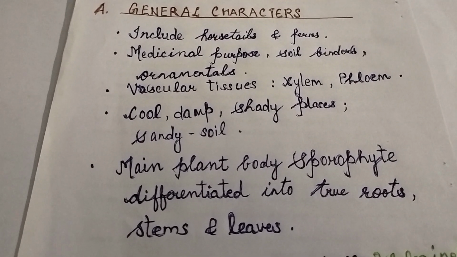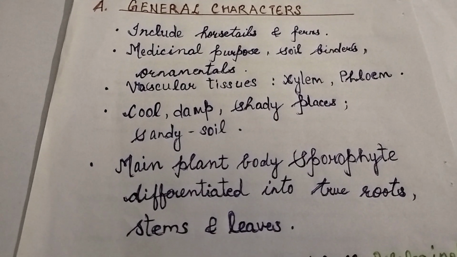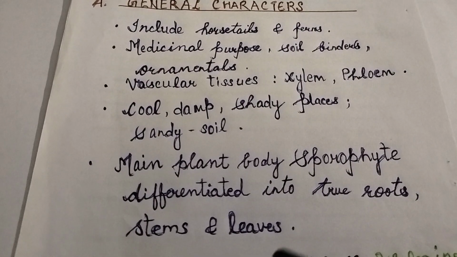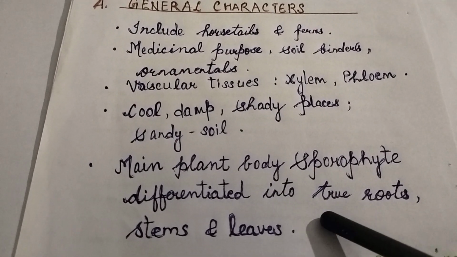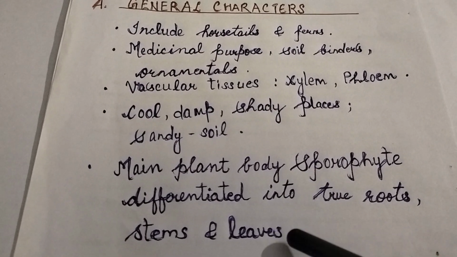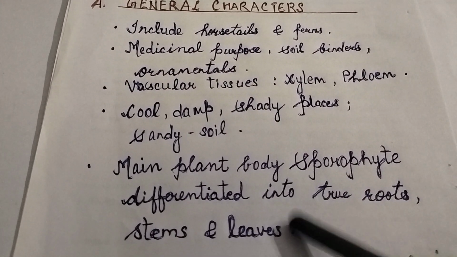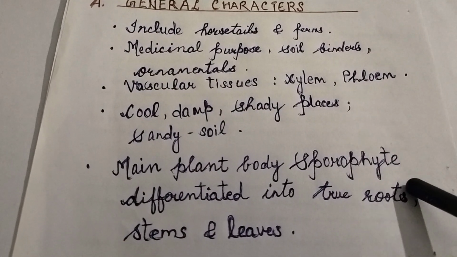But here see evolution. That is why these are kept in the specific order. First you have studied algae, it was primitive. Then bryophytes advancing. Now pteridophytes, more advancement. Now here the main plant body is sporophyte.